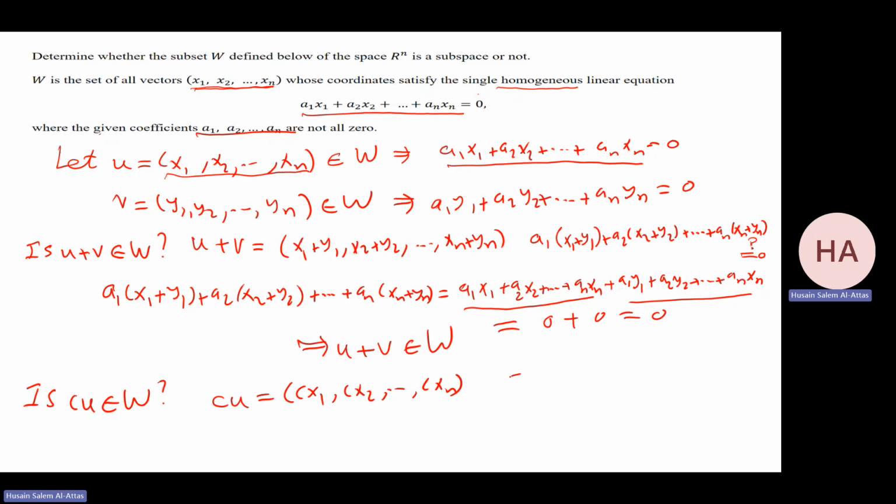So the question is, is a1 Cx1 plus a2 Cx2 plus an Cxn equal to 0 or not?